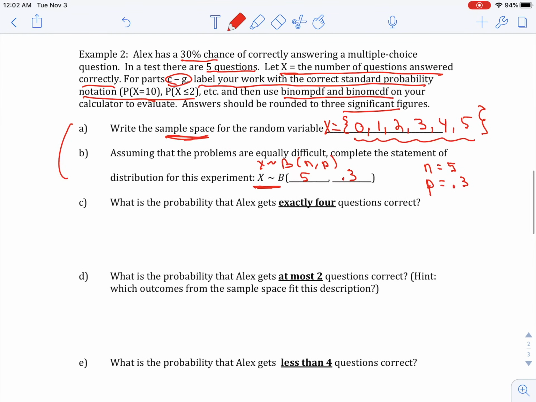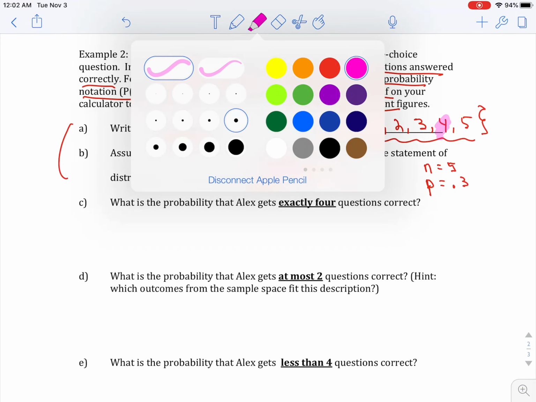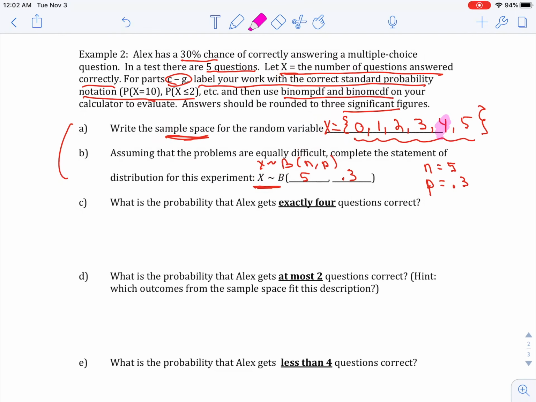The next one says, what's the probability that Alex gets exactly 4 questions correct? So if I want exactly 4 questions correct, I just want this one. And so for that one, let's write the correct notation. We want the probability that X is equal to 4. IB does not expect you to write the calculator notation. They want this notation. But I'm going to write down here what you're going to put into your calculator.